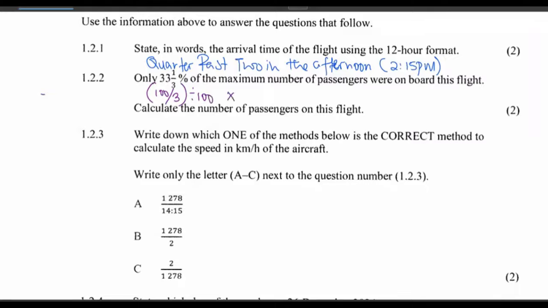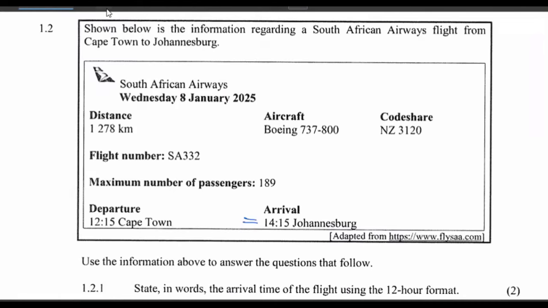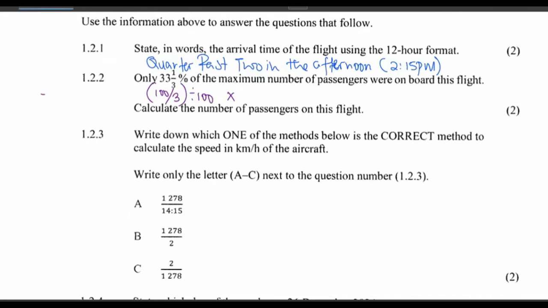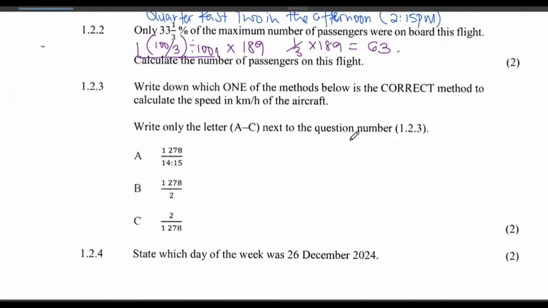So times the number of passengers, which is here 189. Doing this gives you a third, not a quarter, a third, and the answer is 63. We've done that.